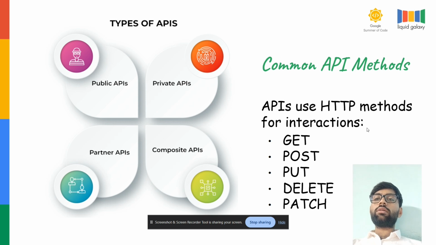Now, what are the main and common methods used in APIs? Some of the common methods are get, post, put, delete, and fetch. Now, what does get do? Get, as the name suggests, gets the value. In get, the parameters are passed in the URL and we can access the parameters through the URL string.